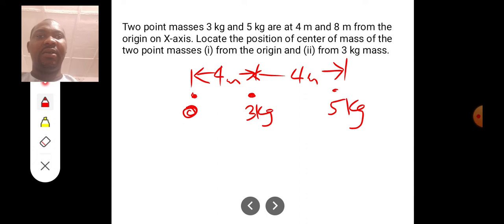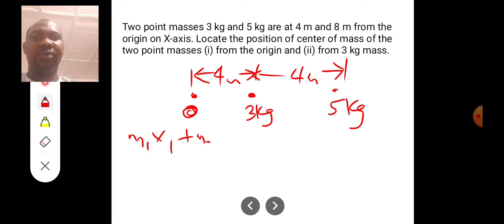Okay, so 4. Now if we want to find the center of mass from the 3 kg mass, it means that the position of the 3 kg mass is 0. So it's going to be m1 x1 plus m2 x2 all over m1 plus m2.